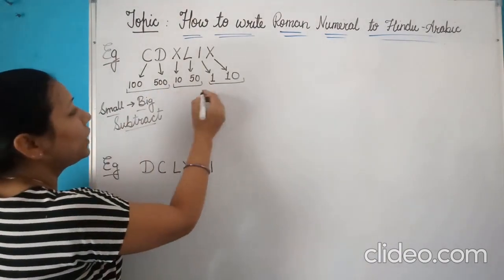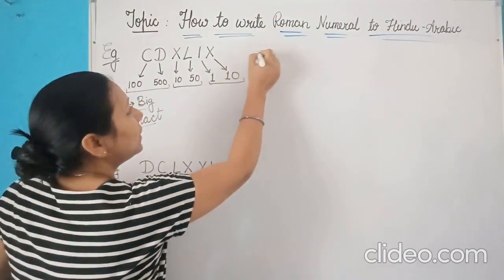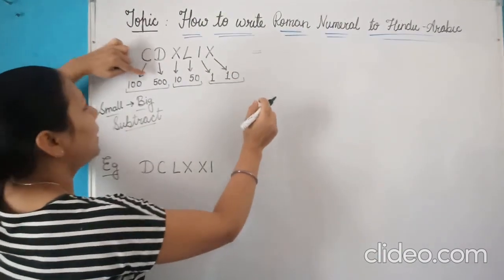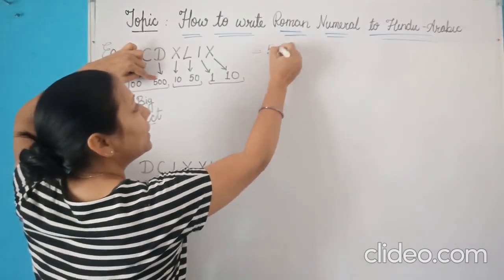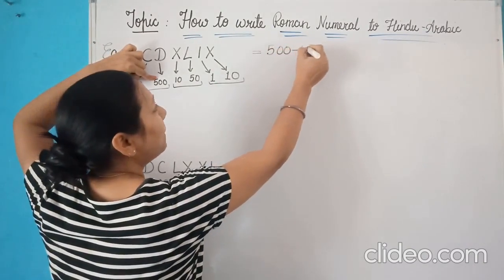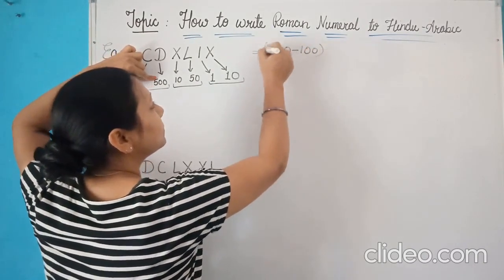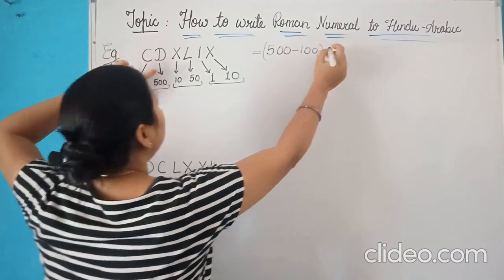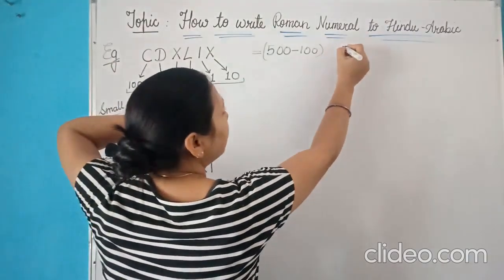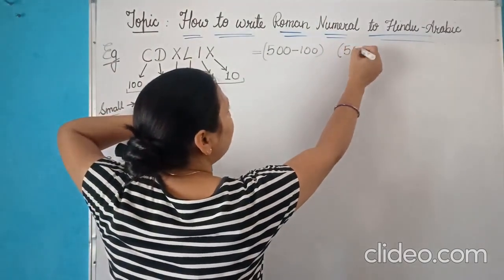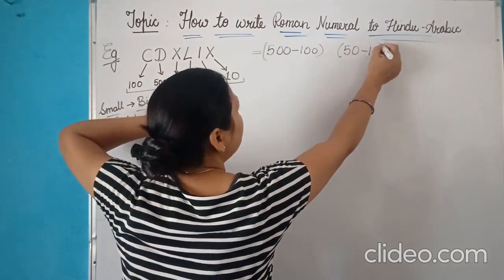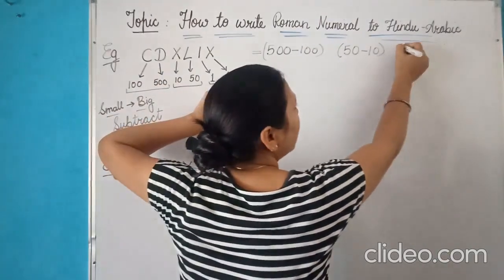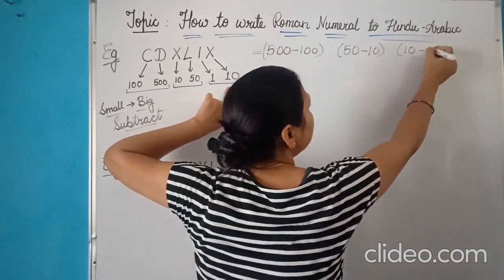So here for writing the number, I will subtract 100 from 500. So that is 500 minus 100. Then in the second group I will write 50 minus 10, and in the third group I'll write 10 minus 1.